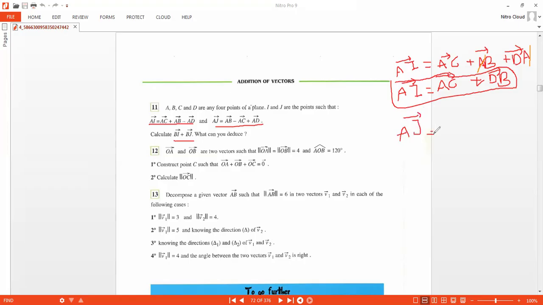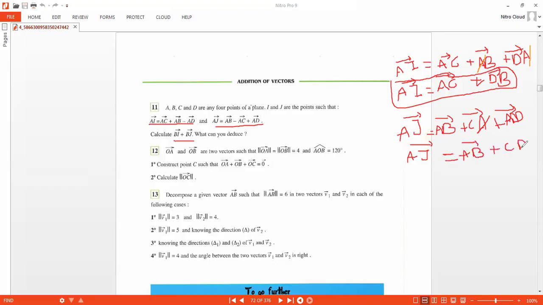Okay? Now I'm going to solve AJ. Okay, AJ equals AB plus CA plus AD. And I'm going to choose the two vectors CA and AD to cross A together. So vector AJ will be AB plus CD.